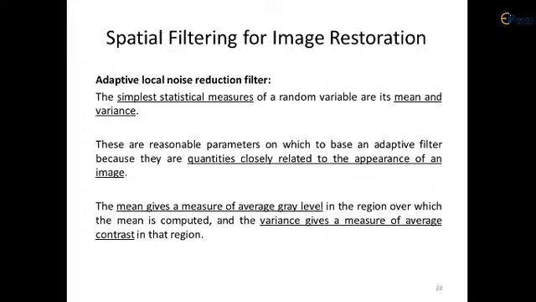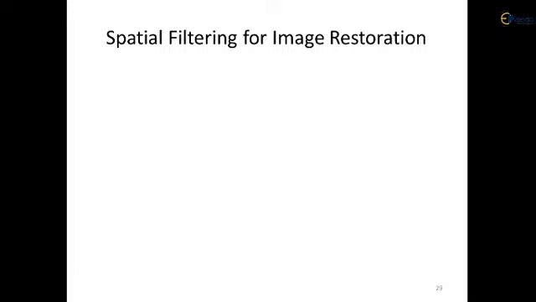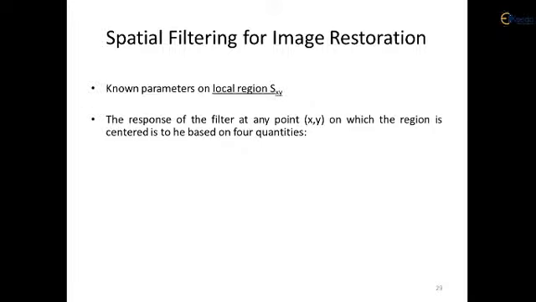Now as we have these two parameters known for this type of adaptive filtering, they are known initially for the local neighborhood that we define and represent by capital S suffix xy. When we get the output of this particular type of filtering, we call it the response of the filter at any pixel location defined by x comma y on which the region is centered. We have four quantities on which this output is based. The first one is g as a function of x comma y.